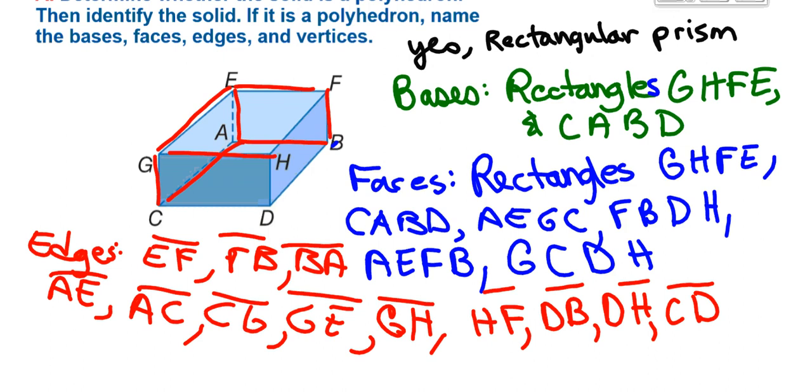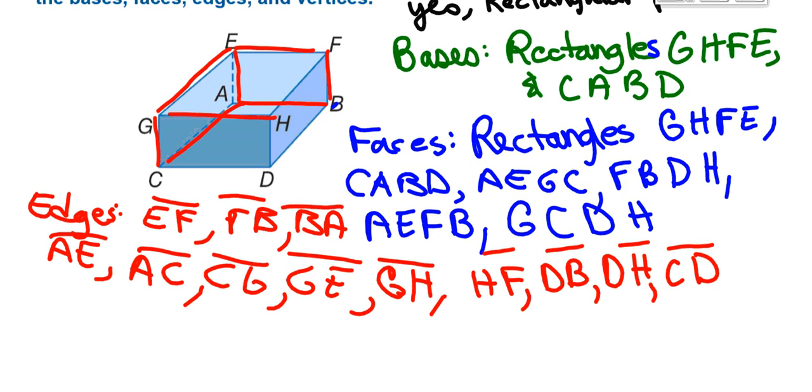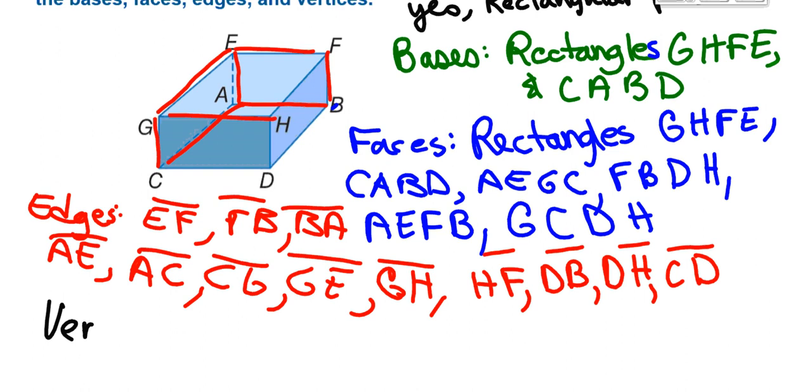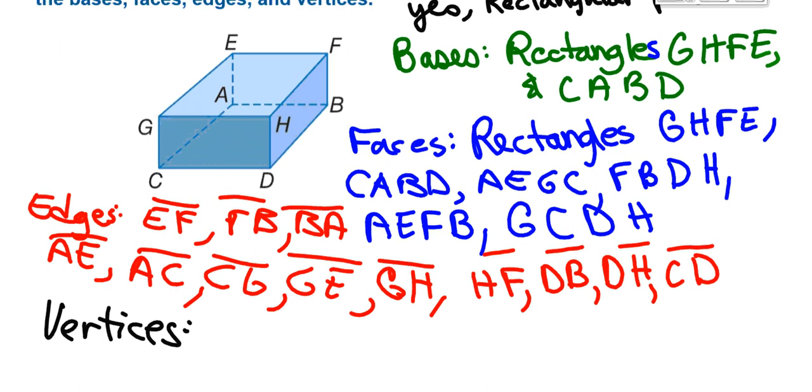And now maybe you'll know why I'm tracing those and doing them in little sets of 4, just so that I make sure that we get them all and that it all works out. And then the vertices, we just have to list all of the vertices as well. And the vertices are just these points. So, vertices. And so if I didn't give you great room for these, oh no, I did not.